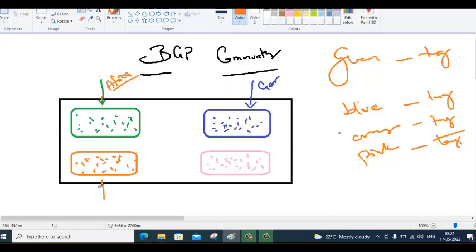Pink or the orange means Israel. Orange, send all the orange flowers to London.